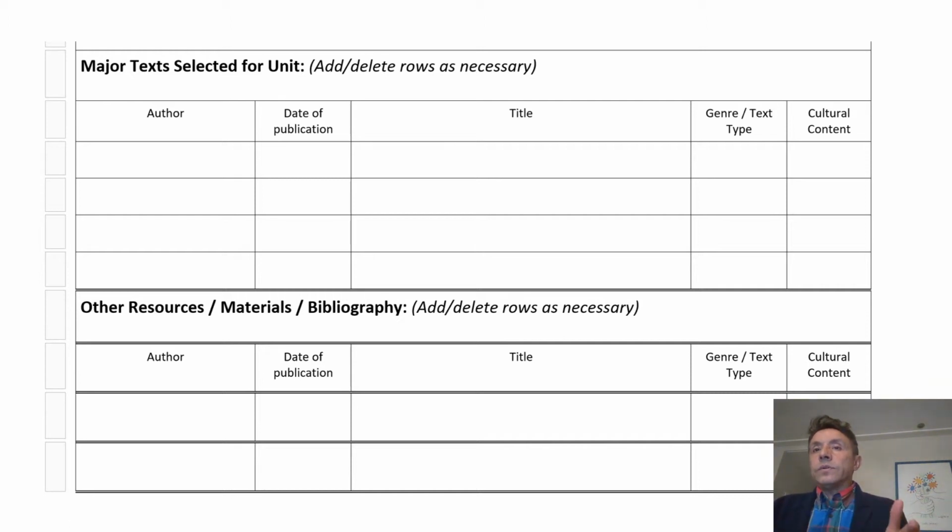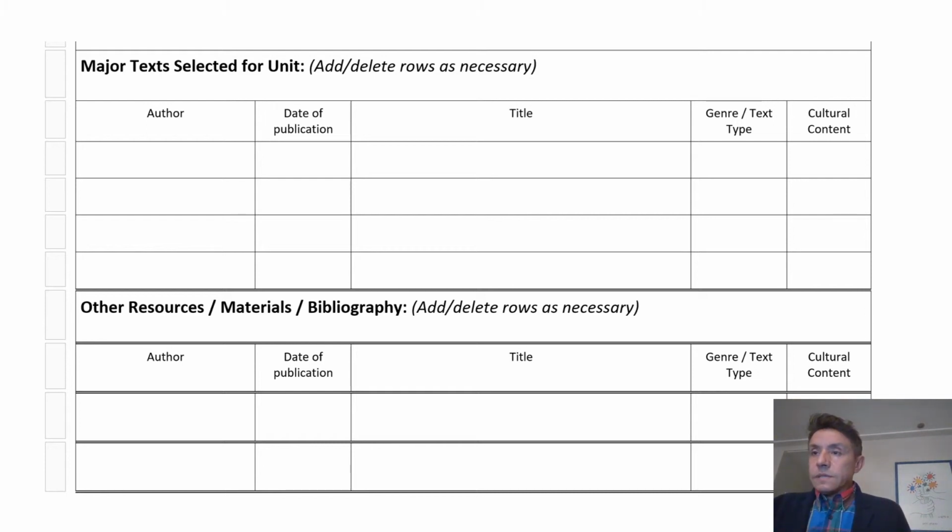Here is the author, the date of publication, the title. Now, along with the title, if you got it from some website, you've got to include the link. So make sure that you do include the link, please. Also the genre or the text type that you're going to be using, each one of them, and the cultural content.